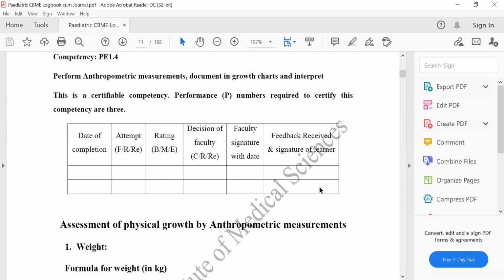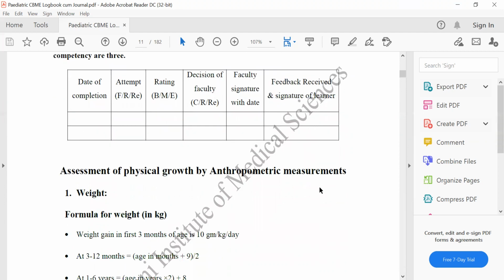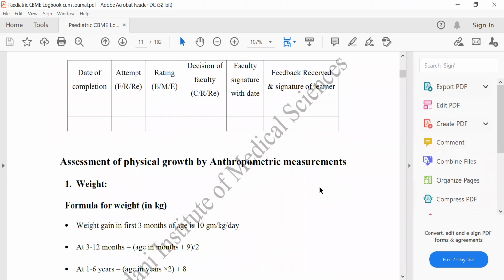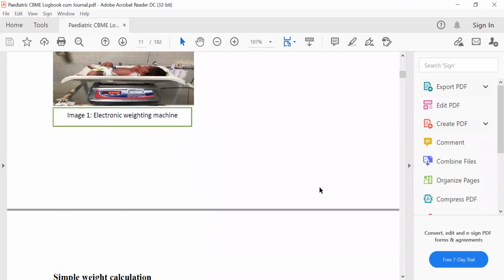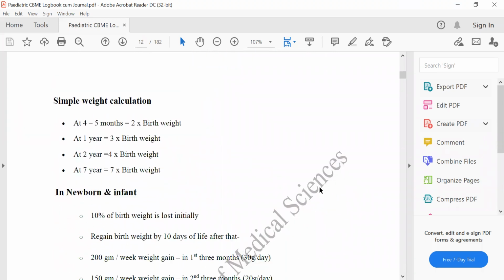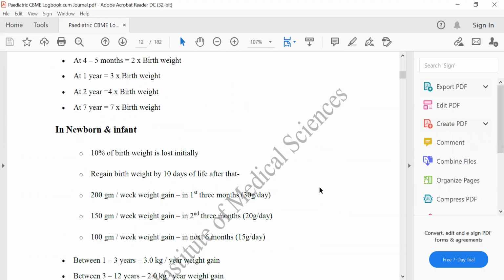And for each and every certifiable competency, I have put some kind of information for the student and also the checklist, so there should not be a variation between examiner to examiner or between faculty to faculty. Some aspects about physical growth, formulas for weight a student has to learn, and simple weight calculation for the newborn and infant, how the weight increases, all these I have mentioned over here.